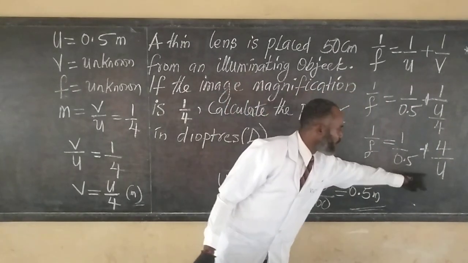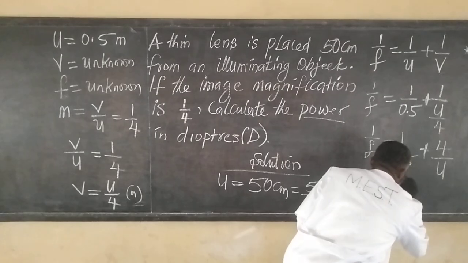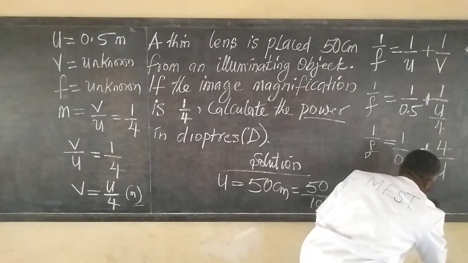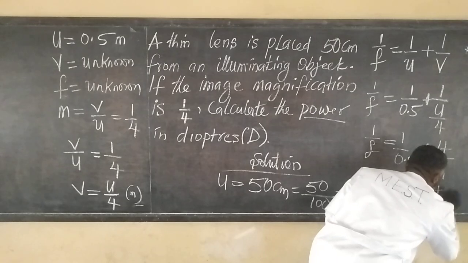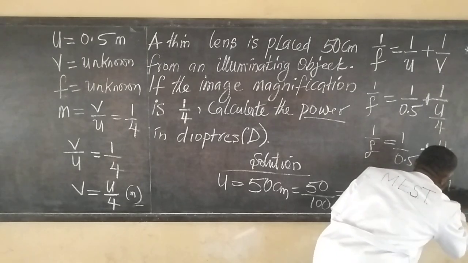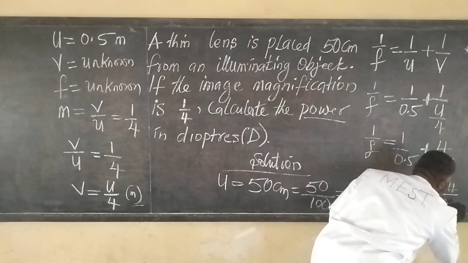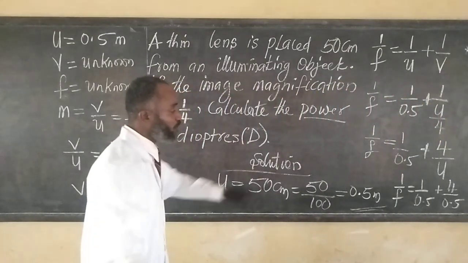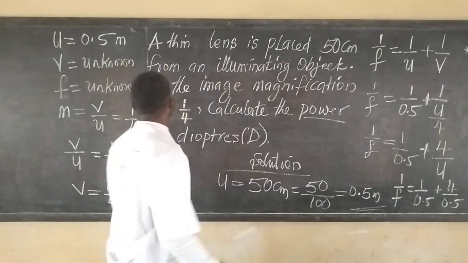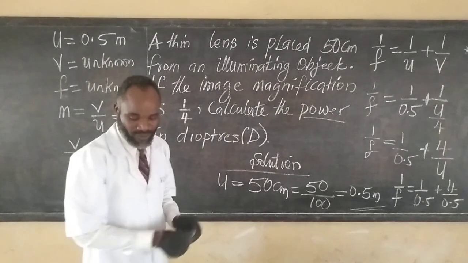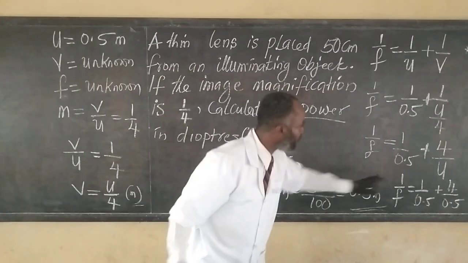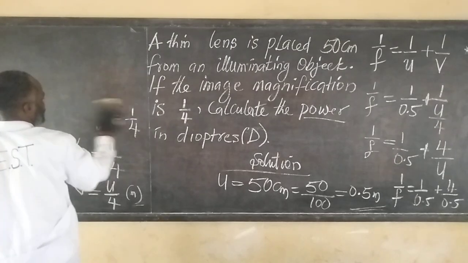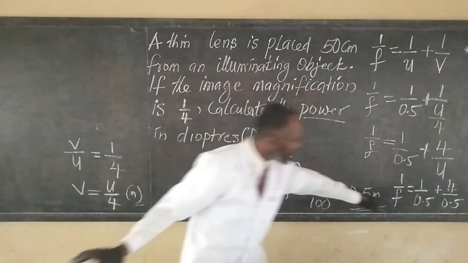Now we have 1/f equal to 1/0.5 for u, then also 4/0.5. By the time we juggle this, we solve what we are supposed to do. We want to find the focal length.